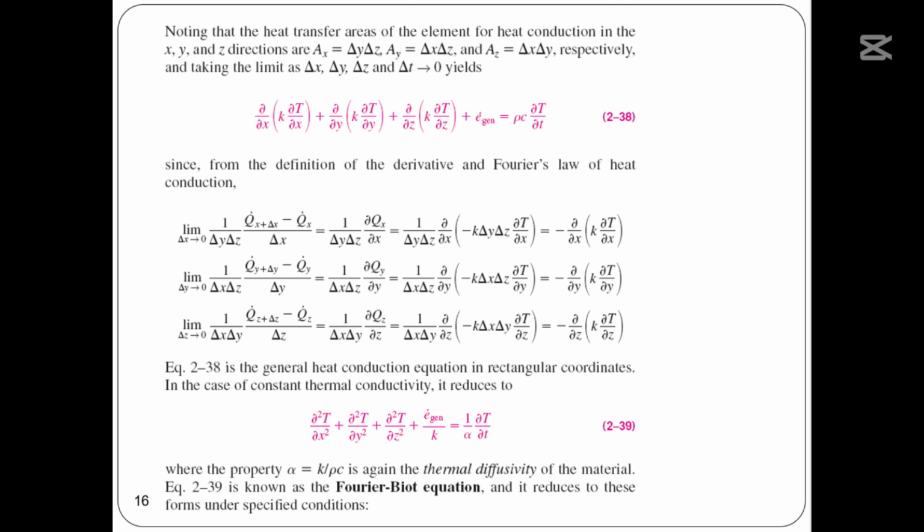So this is the final equation in which x, y, and z dimensions are included, with the heat generation term and the density term also included here. This equation is known as the Fourier-Biot equation.